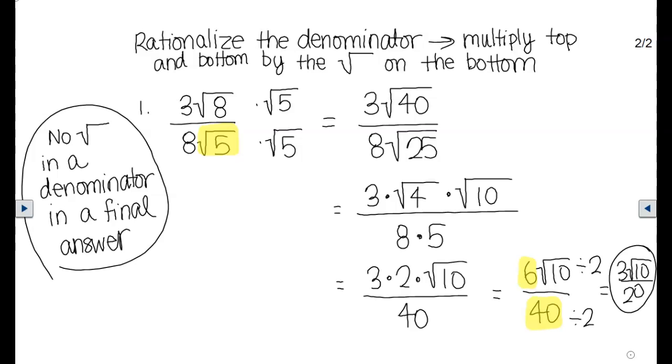So to kind of recap, first we checked to see if we could divide. I couldn't divide the outsides, I couldn't divide the insides. So when you can't divide, rationalize. To rationalize, you take the square root on the bottom, and you multiply it by the top and the bottom. Outside times outside, inside times inside, gives you this.